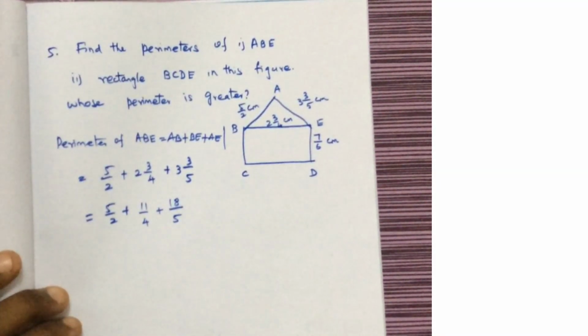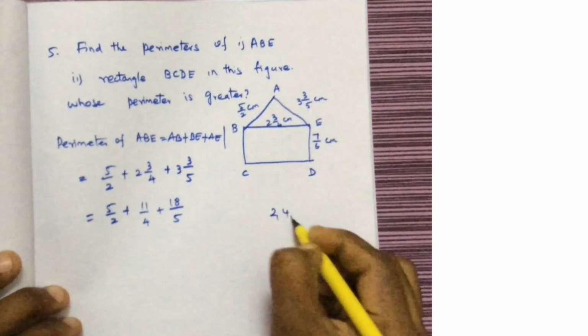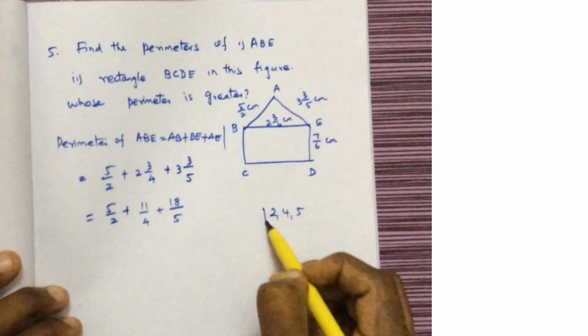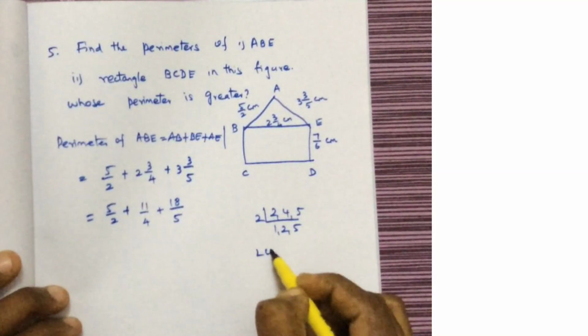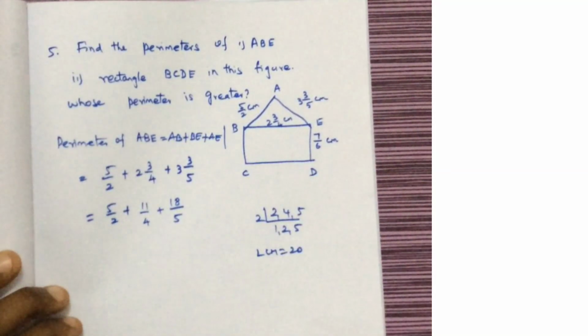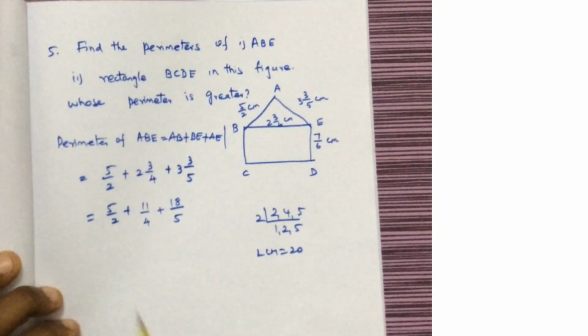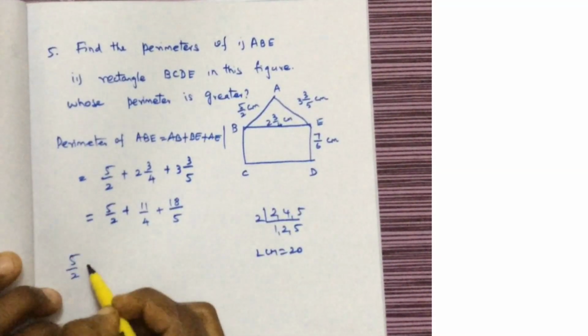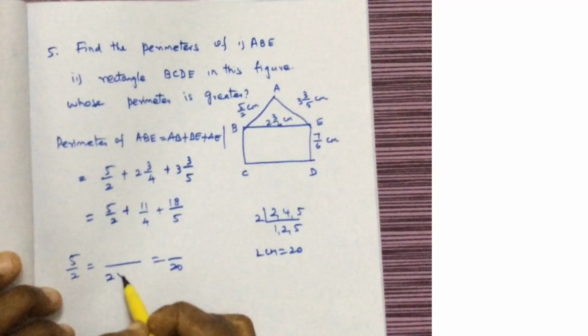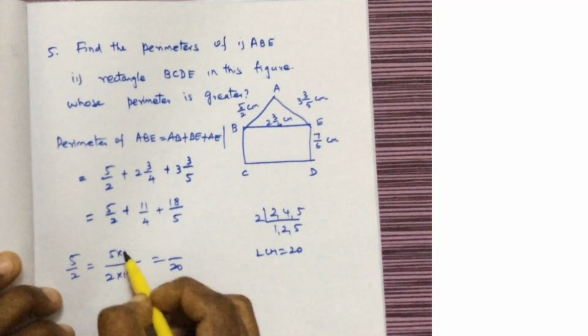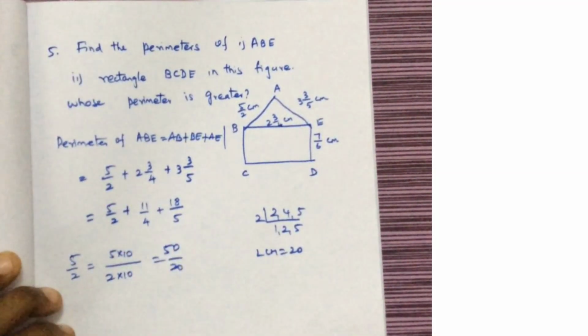Now the denominators are different, so you have to take the LCM for that. 2, 4 and 5. So the LCM is 20. Now 5 by 2 becomes, here it is 20, so multiplied by 10, it becomes 50.